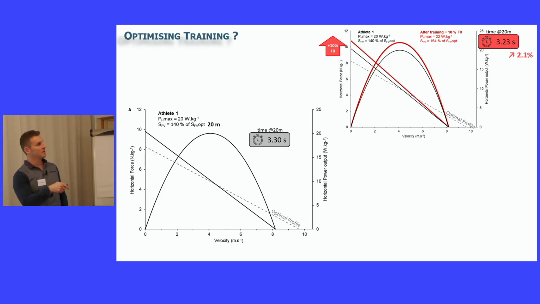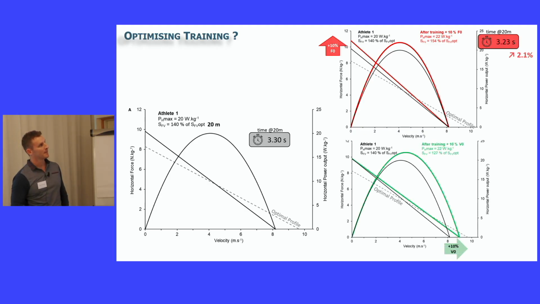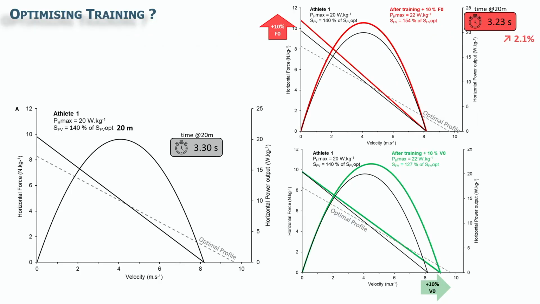Now, today, we know that the optimal profile is here. So if I want to improve his performance over 20 meters, I have to improve V0. So we improve V0 by 10%, the same improvement as here, but in V0. The maximal power increases in the same way, 22 watts per kilogram, but we decrease the imbalance in the force-velocity relationship.